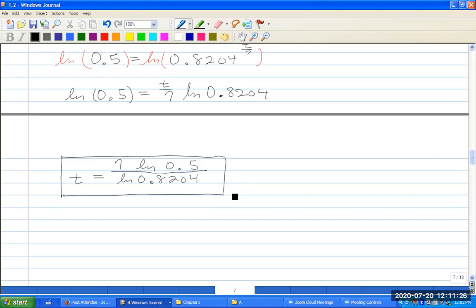You could plug into a calculator to get an approximate answer. Any questions about that?